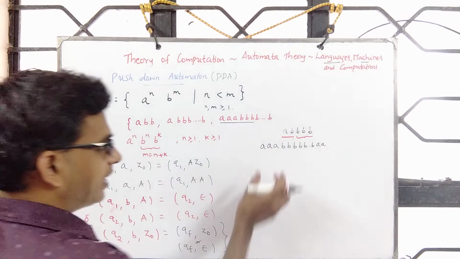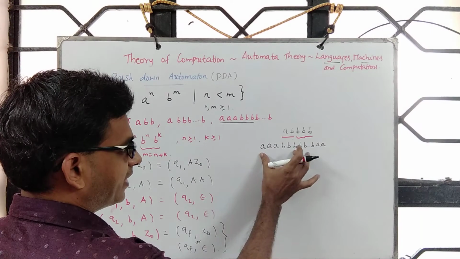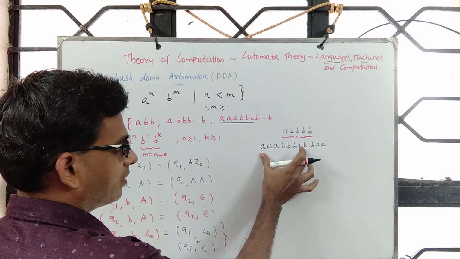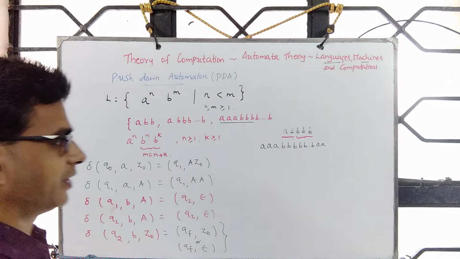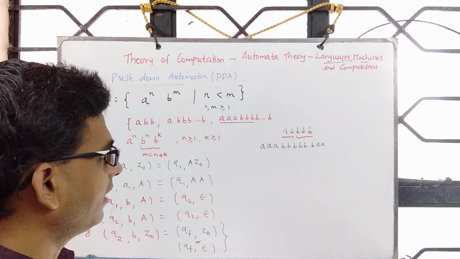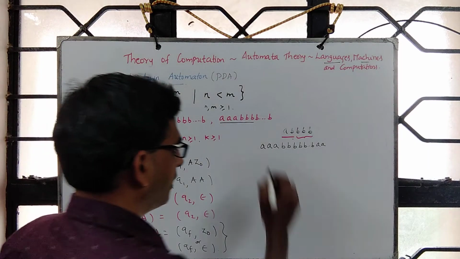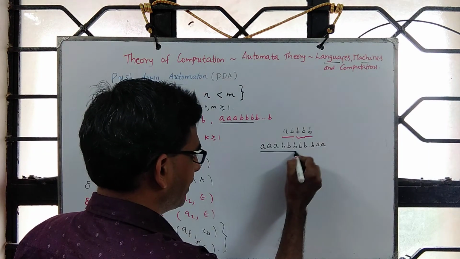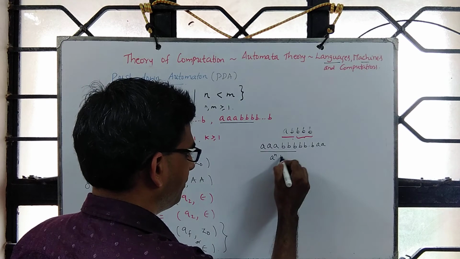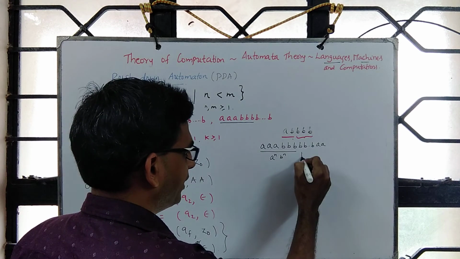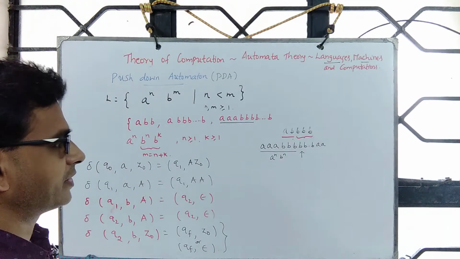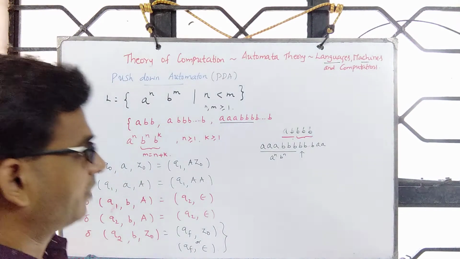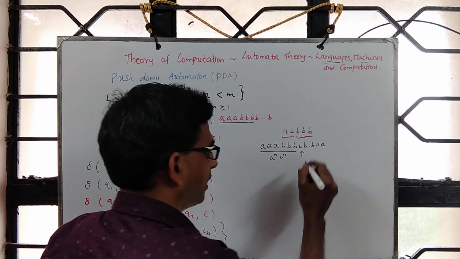You get to see that this part is valid, but suddenly at a later part you get to see there is something called AA, and we say this part is like A power n, B power n, and the moment we see one more B, we say we accept. But one has to be careful.